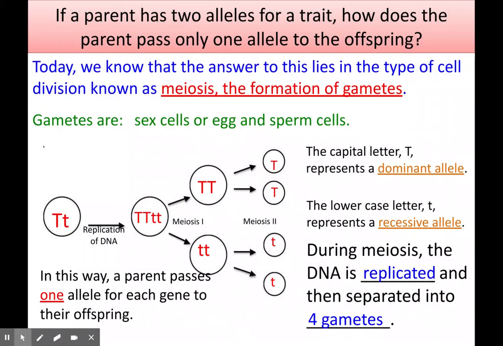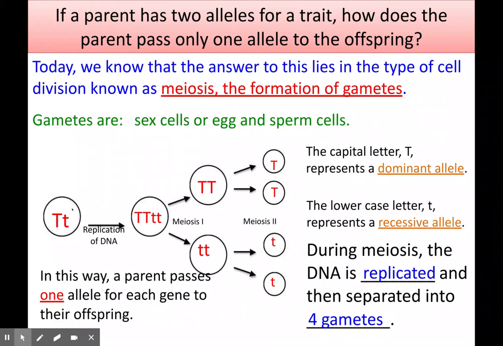Now, one thing we need to remember when we are having sperm and egg cells be produced, these traits are passed along on the chromosomes. So we're going to use T as the trait for tall and short. So big T is going to represent a tall plant, a little t represents a dwarf plant.